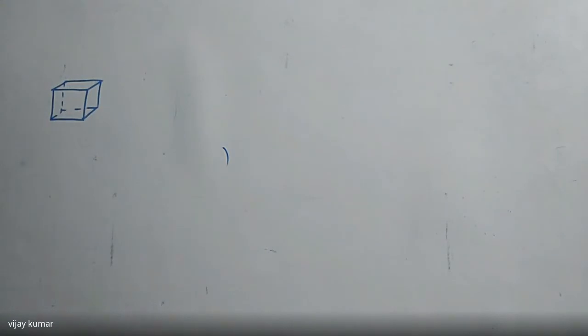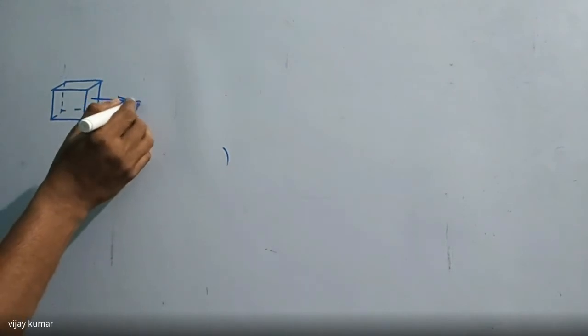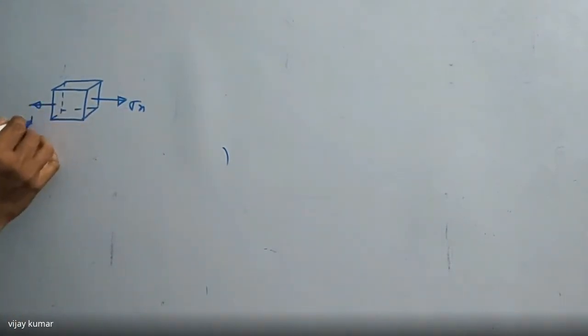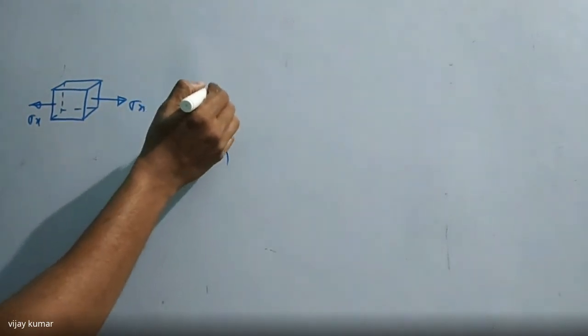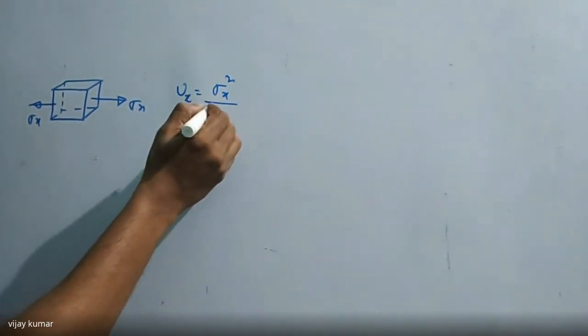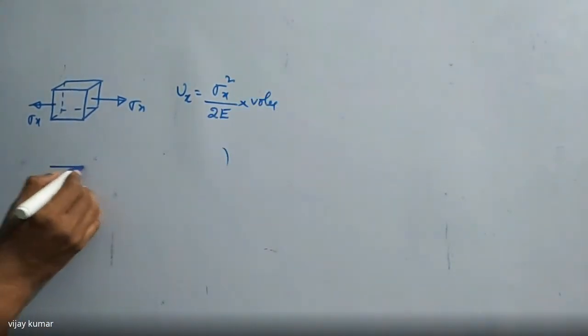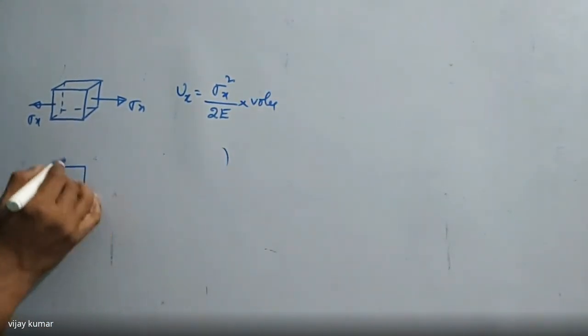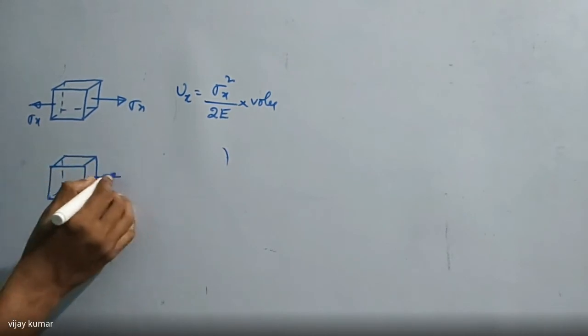This is σx, this is also σx. Then we can write Ux is equal to σx² divided by 2E into volume.